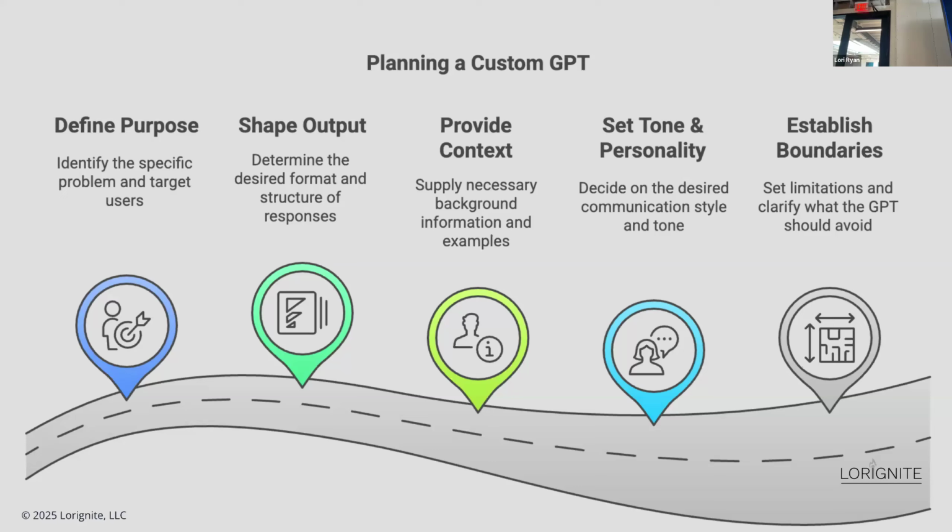Shape your output. Determine the format of your responses. This came into play because Brian Piper from the University of Rochester was talking about how they built a travel policy custom GPT. If someone asked, hey, can I get reimbursed for whatever? Well, guess what? If it's wrong, that person's going to be really upset.